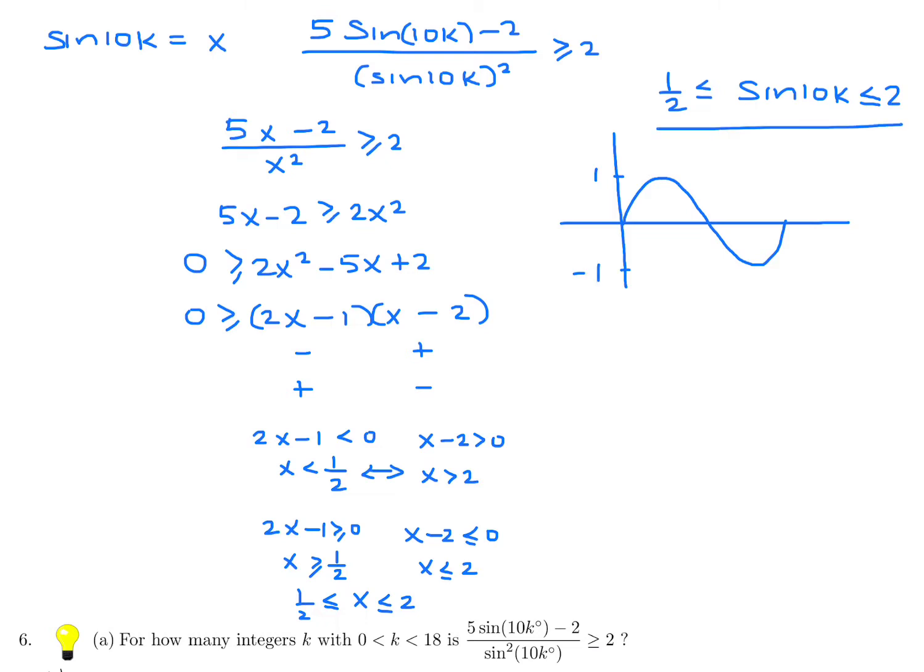So this really can be looked at as just between 1/2 and 1, because it can't go up above 1. It can't go up to 2. So we only need to be concerned with that. All right, so we want to figure out for what values of k this is going to be between 1 and 1/2.